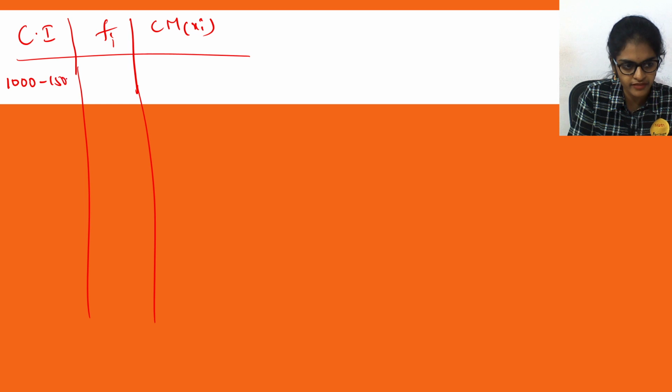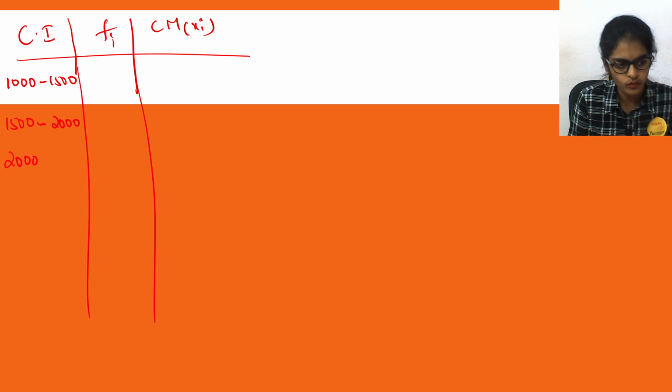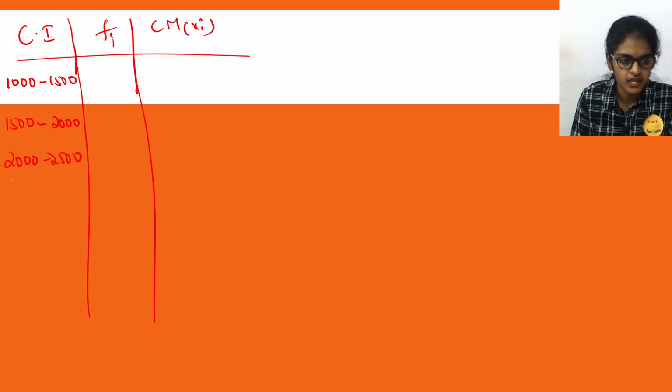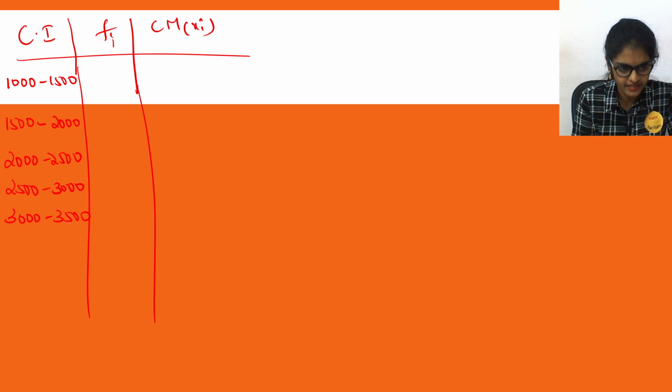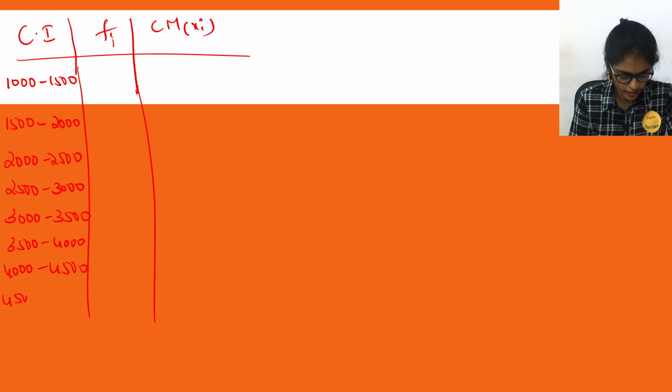So 1000 to 1500, 1500 to 2000, 2000 to 2500, 2500 to 3000, 3000 to 3500, 3500 to 4000, 4000 to 4500, 4500 to 5000, and 5000 is the last one.